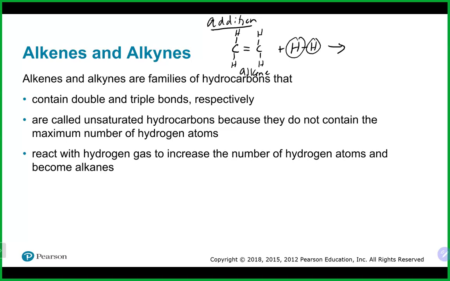Now, if you remember, when we put the double bond in, we took out hydrogens, right? How did we take the hydrogens out? 1 from each carbon, right? That's how we took them out. When we put the hydrogens back in, they go back in 1 to each carbon. So they go in just the way we take them out.